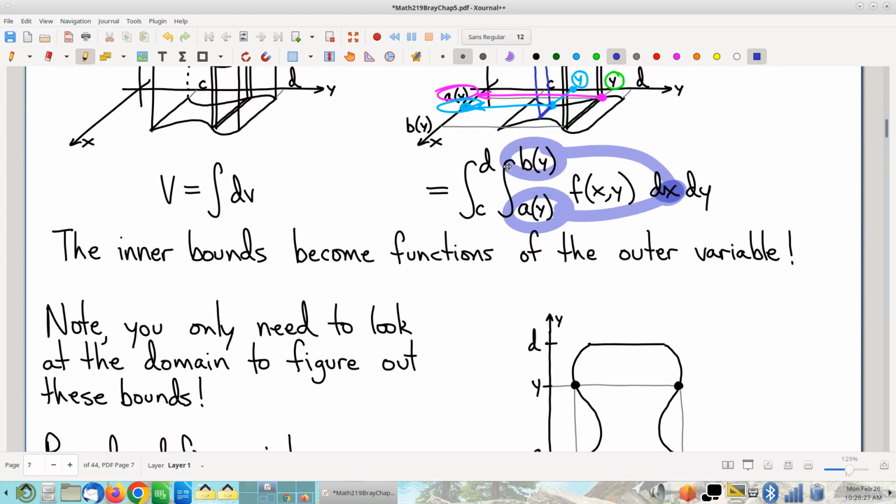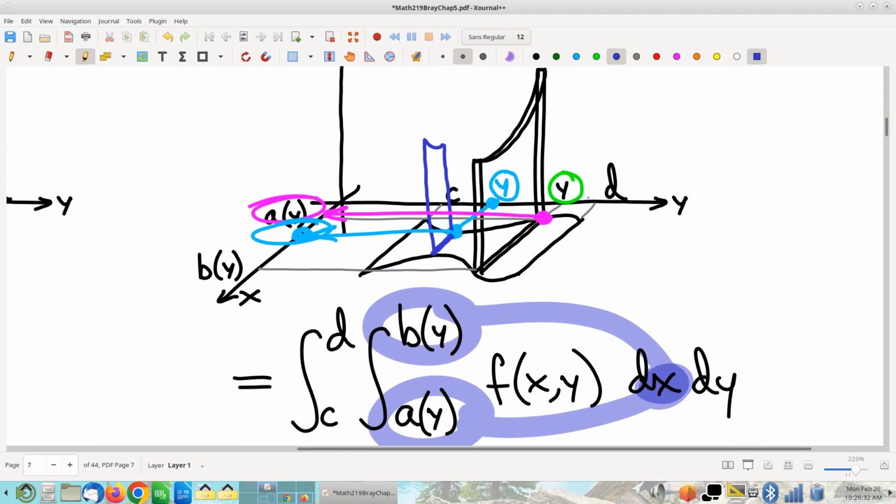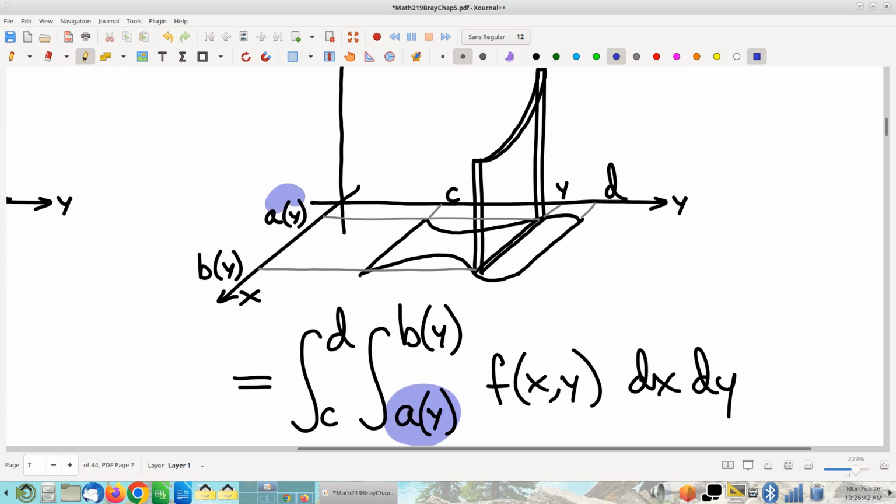All right. So, the last observation I'll make about this picture, at least for the moment, is to notice that the way we found these bounds, the way I found that lower bound, A, as a function of y, and this upper bound, B, as a function of y, is by looking at this three-dimensional picture.